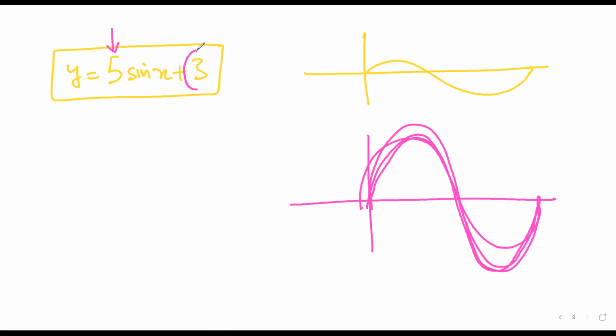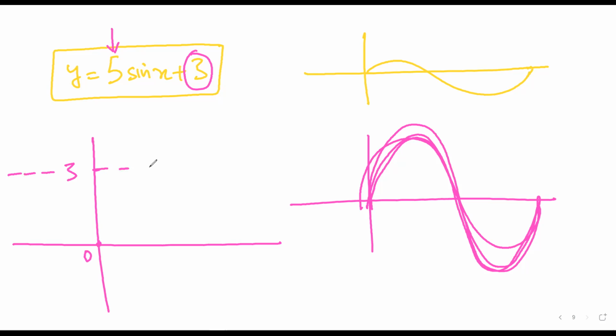And what will this 3 do? This 3 will take the curve up. So from the 0 principal axis, it will take it to this level. And it will be a stretched curve like this. Avantika, is it making sense?